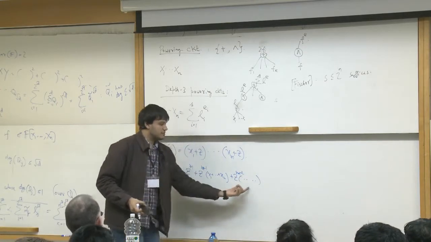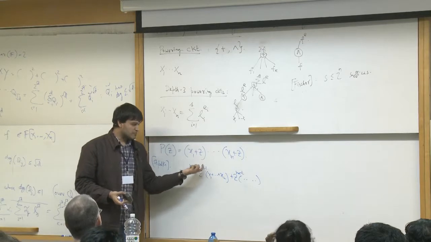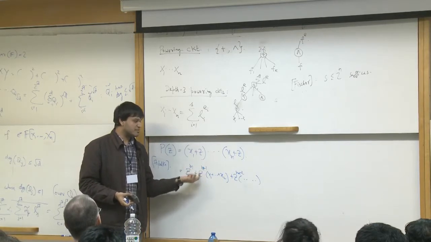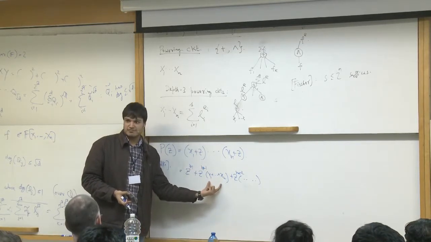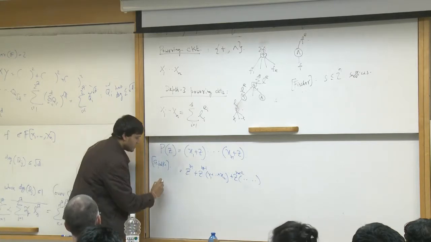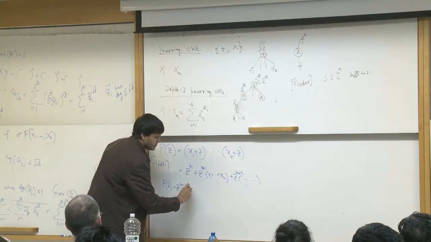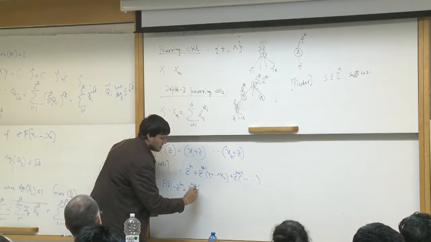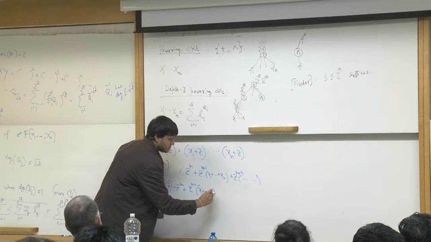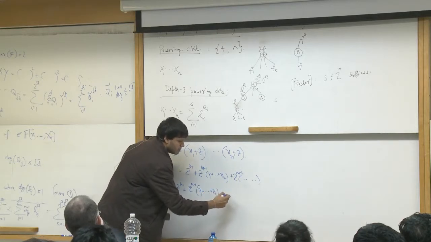So these are the lower degree terms, right? But I want you to convince yourself that the coefficient of z to the m minus 1 is just the sum of xi's. So what is p of z minus z to the m? It is just z to the m minus 1 times (x1 plus up to xm) plus lower degree terms.